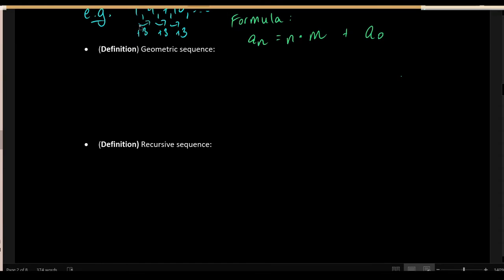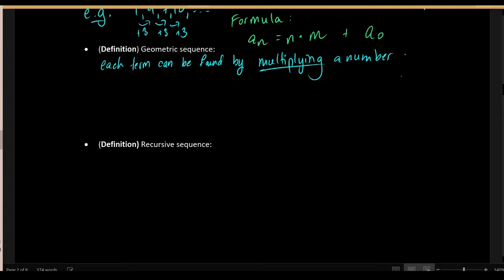The defining feature of a geometric sequence is that each term can be found not by adding a number to the previous term, but by multiplying a number, let's call it r, by the previous term.